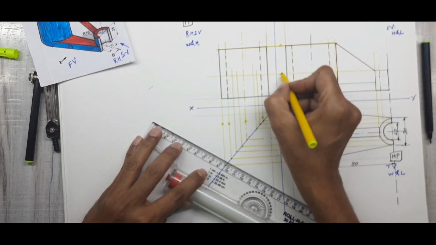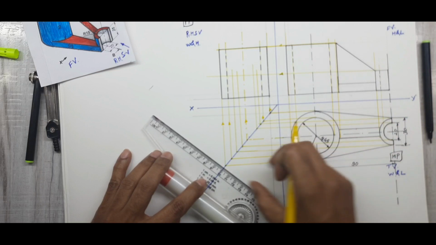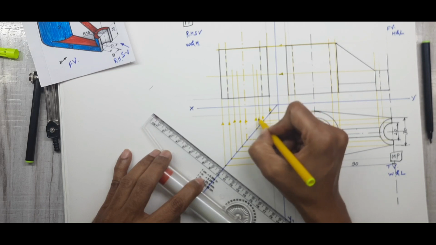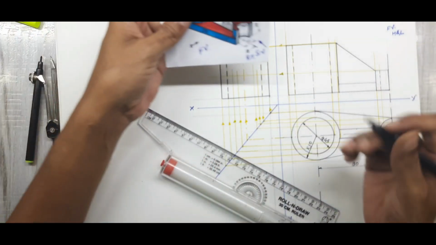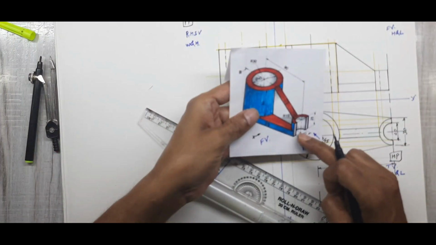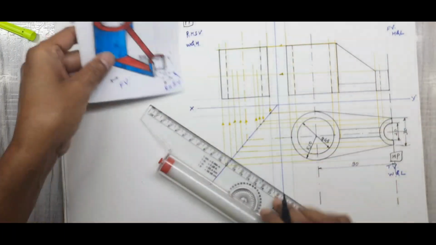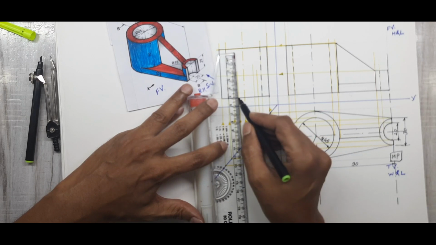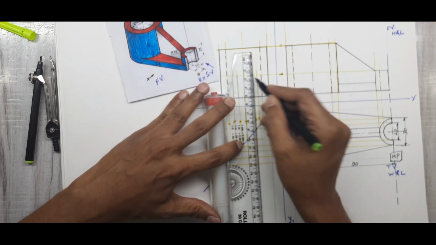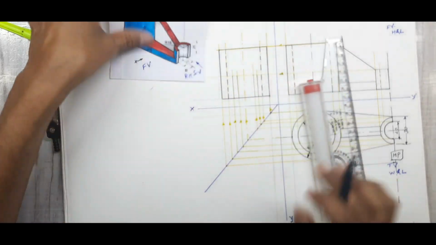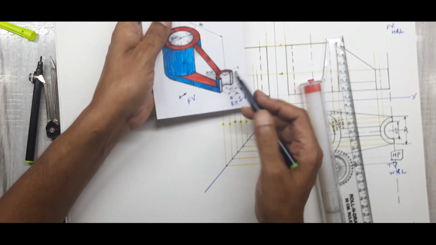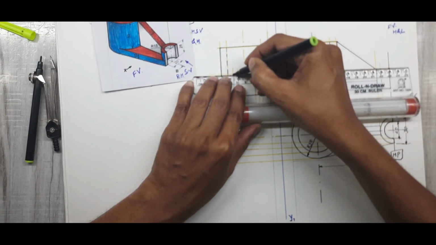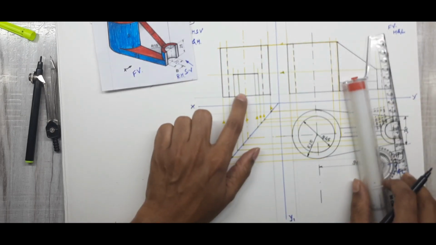So you are projecting the heights from the front view, and for the width you are projecting from the top view. So again I'm projecting this one. What I will get, if you observe it from the side view, is these two lines. I'll show you how it is. These two lines you draw vertical. Then whatever the curved path is, it will always look straight, so I will join this one. Okay, this part is over.